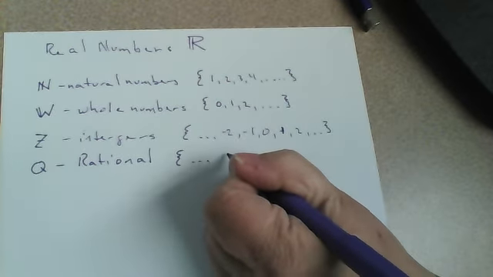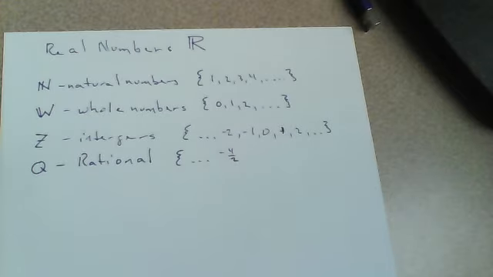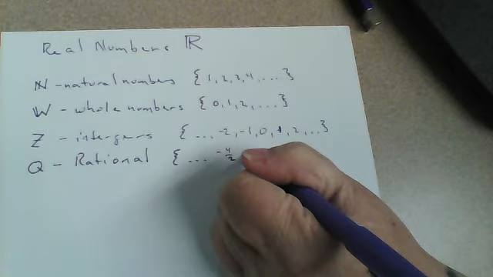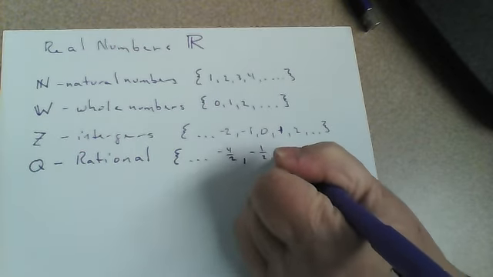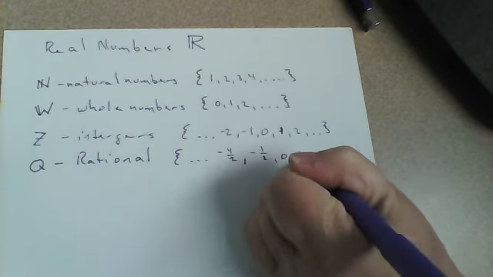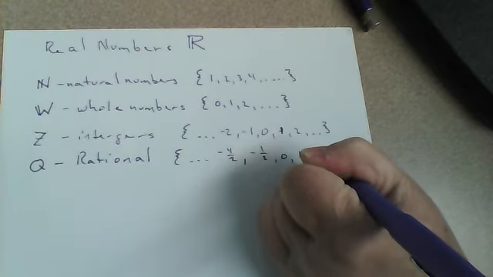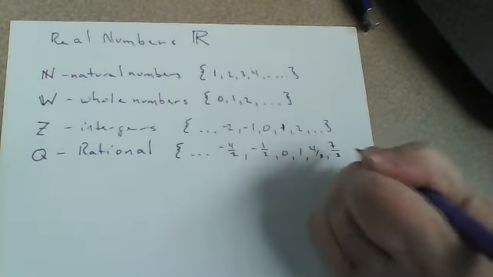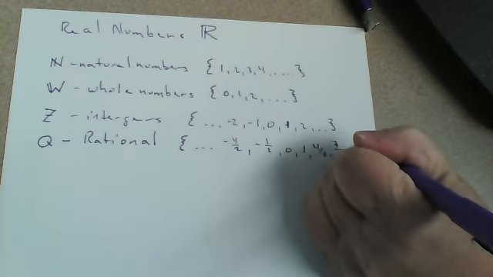So I could have -4/2, which is ultimately -2 if I reduced that fraction, -1/2, 0, 1, 4/3, 7/3, right? Anything written in the form of a fraction, forever and ever.